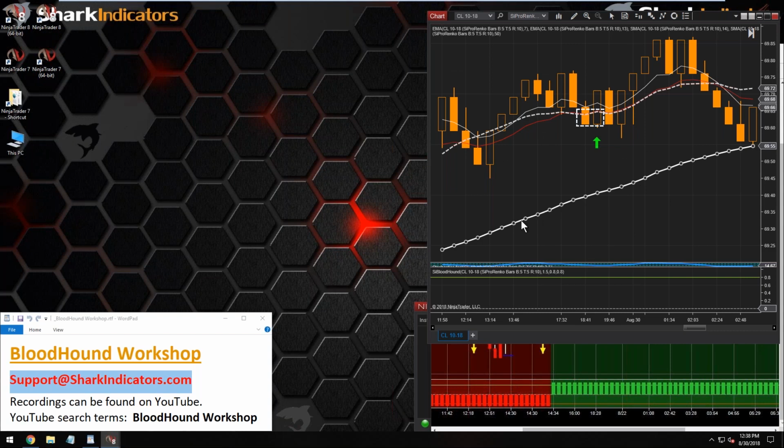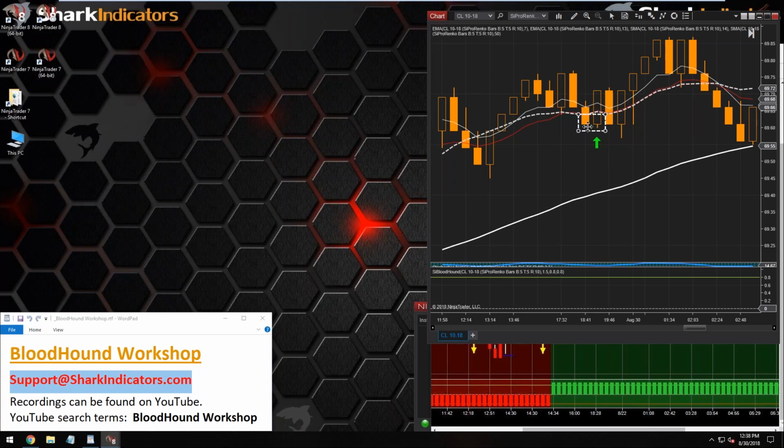So we have the main trend moving average sloping up. We have the faster one here, right? So the dashed white line is the faster one. And what we're looking for is little pullbacks like this. The close of the bar must be less than 5 ticks from our faster moving average here.